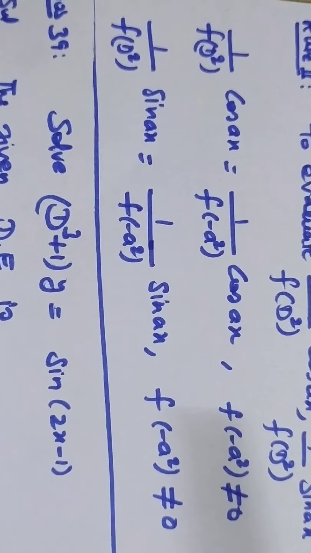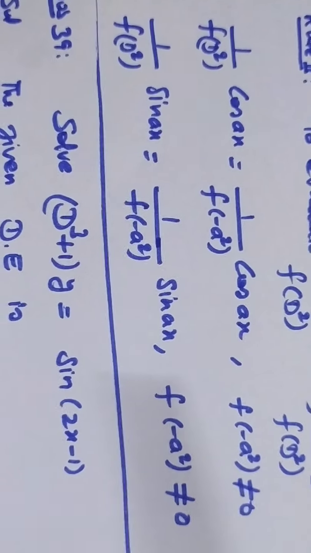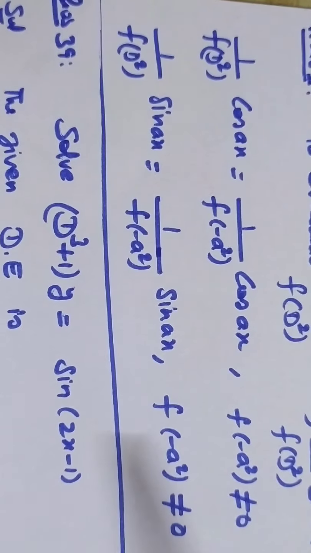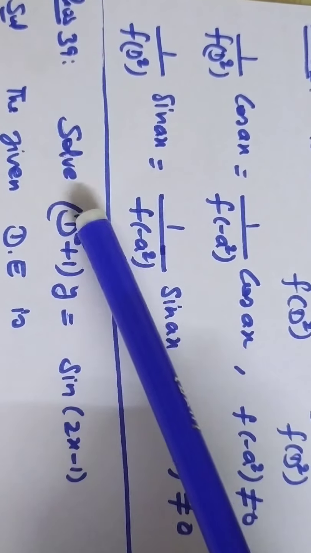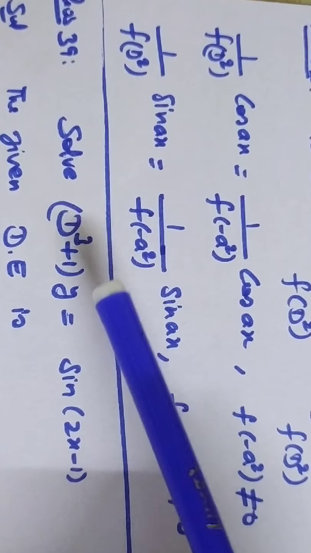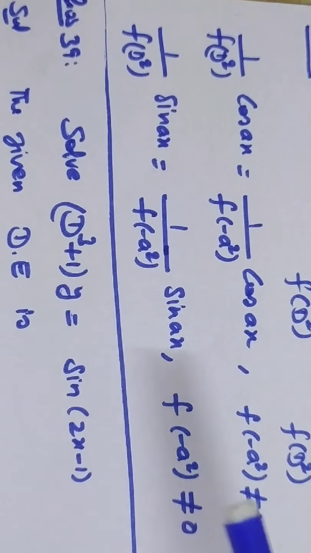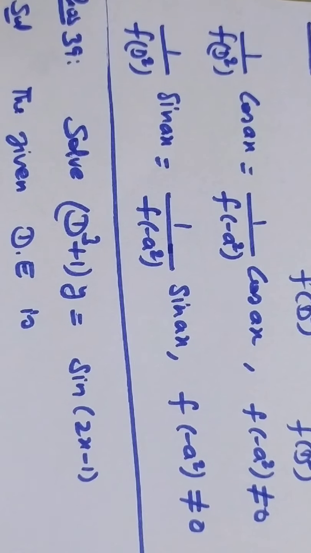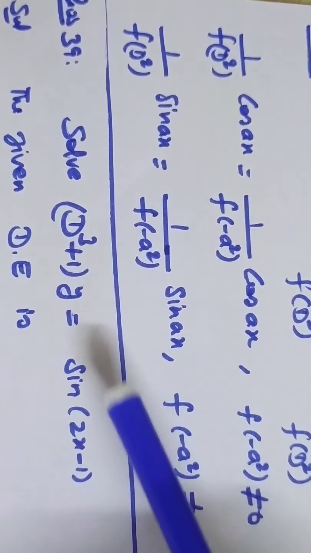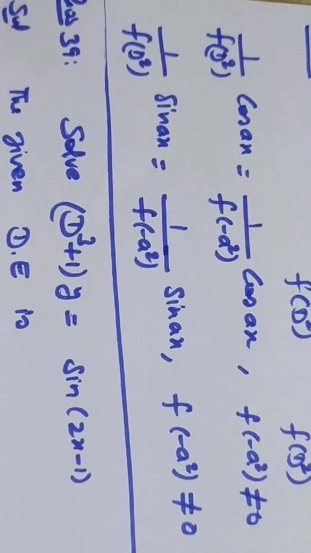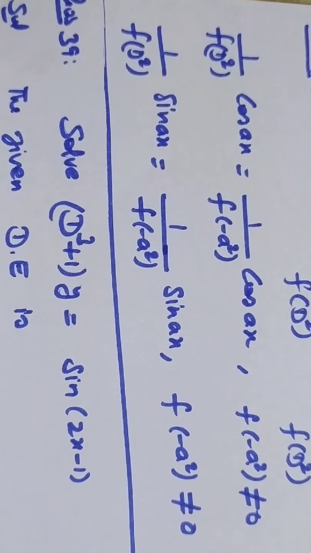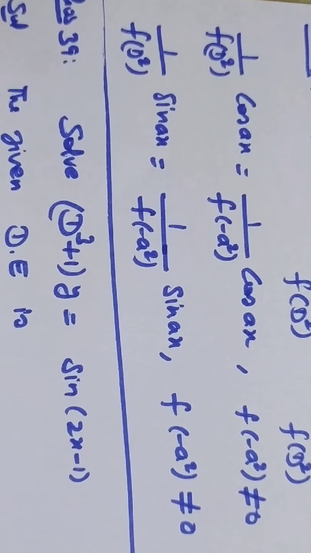To illustrate this fact, I try to solve the question (D cube plus 1) y is equal to sin(2x minus 1). When I ask you to solve such kind of question, you have to find 2 types of solution, one CF, another one PI.